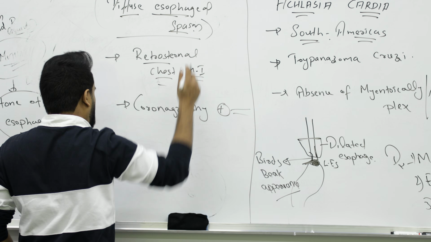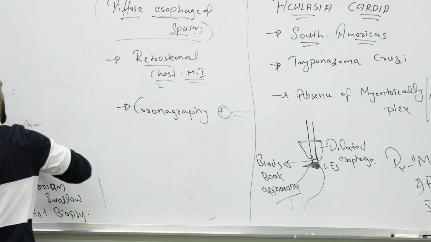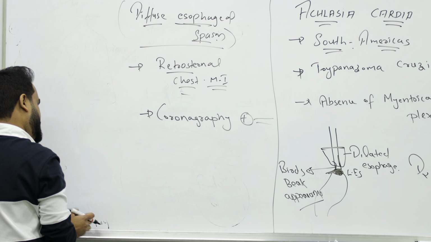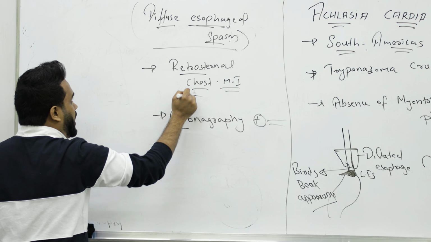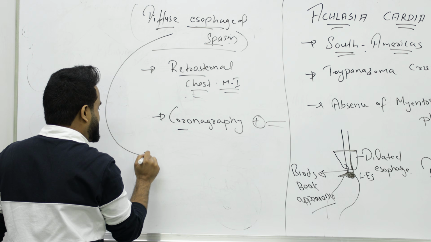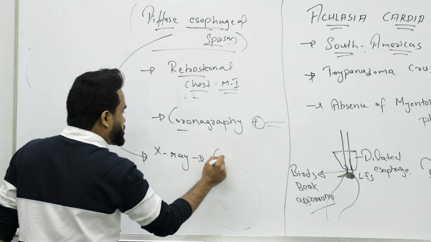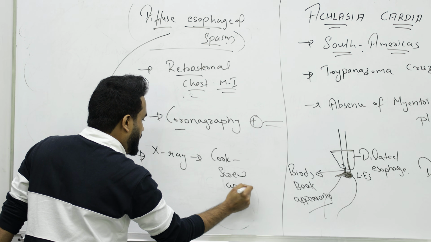So there is some problem related to the digestive system. Here the esophagus is having what? Too much muscle tone, or spasm is happening. So once you rule out that the ECG is normal, no problem in the heart, diagnose DES. Here you take an X-ray, you can see a corkscrew appearance.